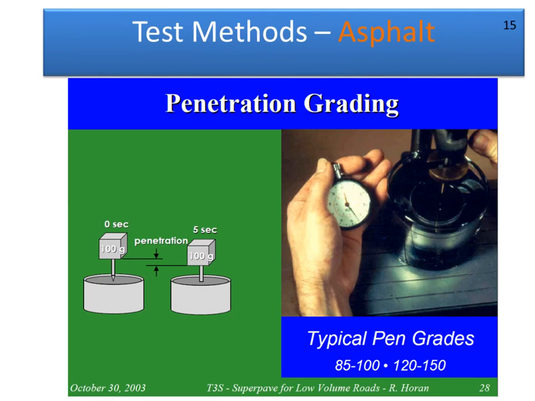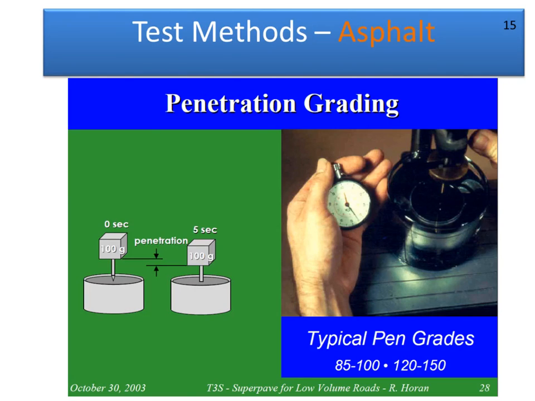The next thing we'll look at is asphalt testing, in particular penetration testing. What you have here is a can of asphalt, and keep in mind that temperature plays a huge role in the properties of asphalt.